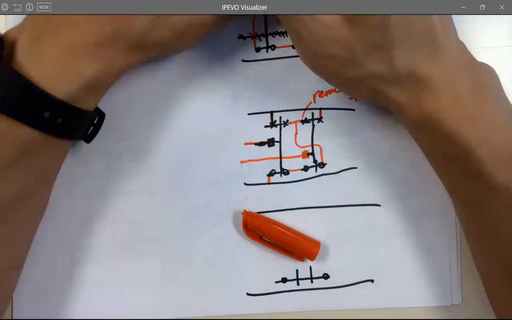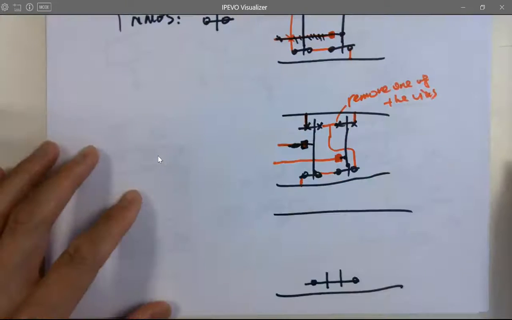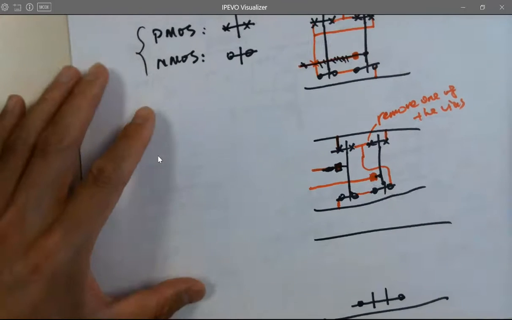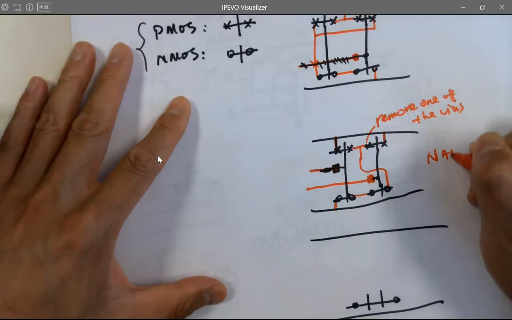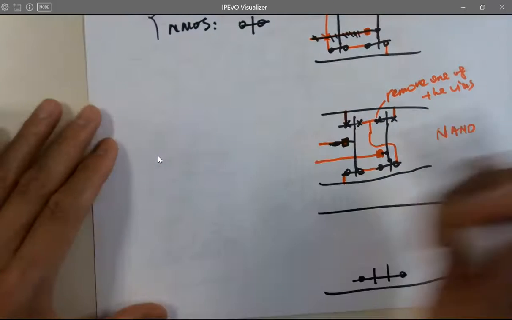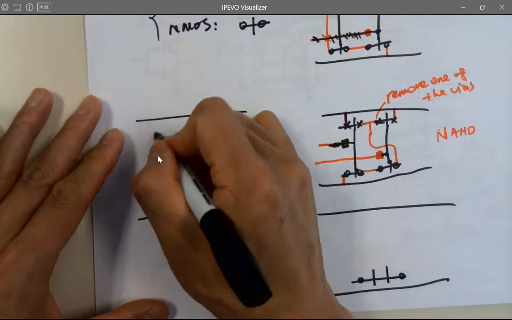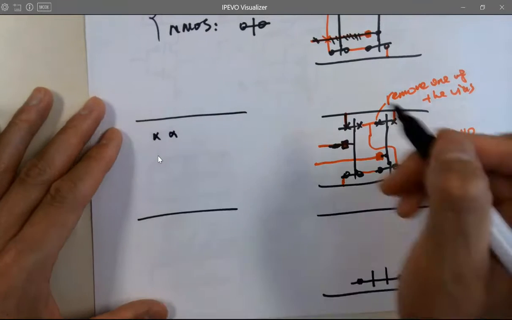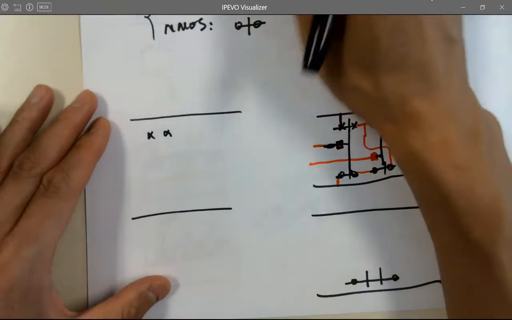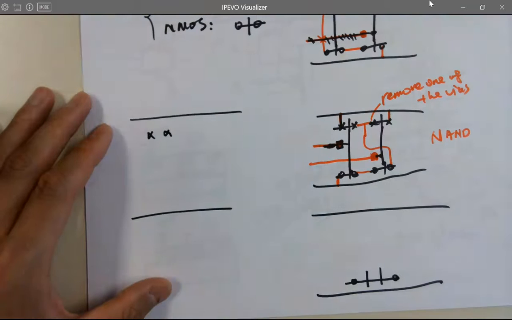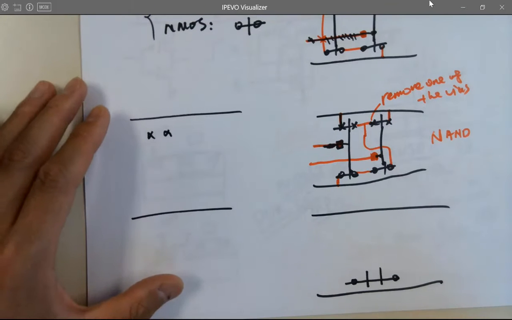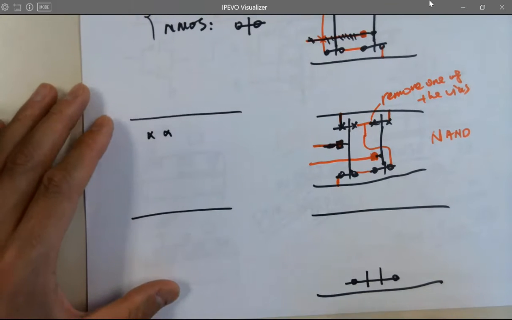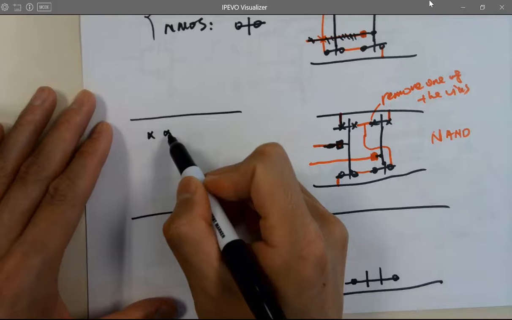So what about NOR gate? Very similar, right? So this is NAND, this is NOR. Let's just directly draw the optimized version of the NOR gate. You have 2 PMOSes on top. Do we need any diffusion in the middle?